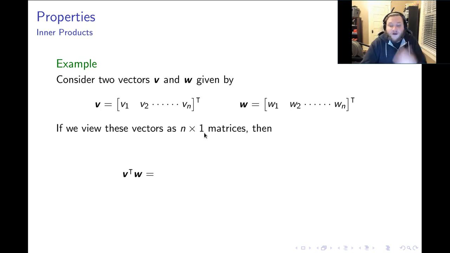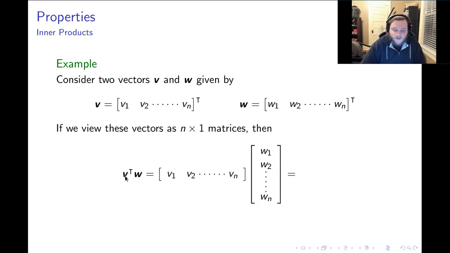What happens if we take v transposed and multiply by w? v is an n by 1 matrix, so when we transpose, we get a 1 by n matrix. And w itself is an n by 1 matrix. Are we allowed to multiply a 1 by n by an n by 1? Absolutely, yes.